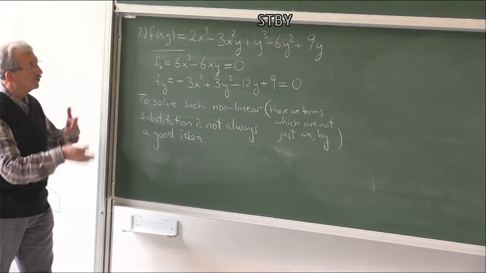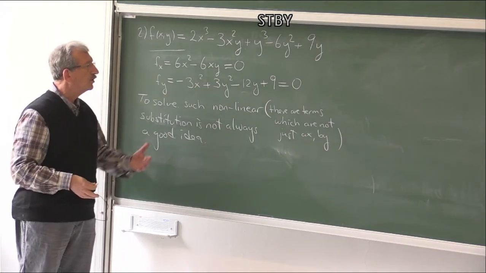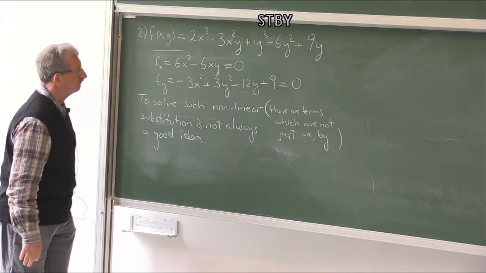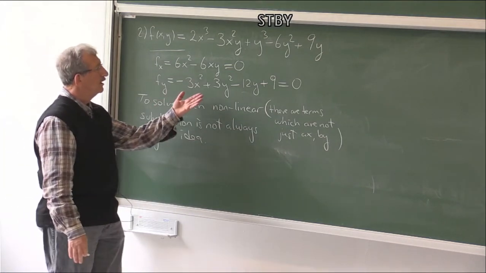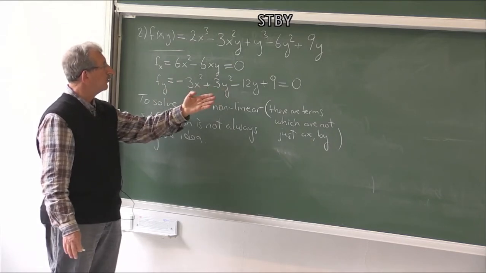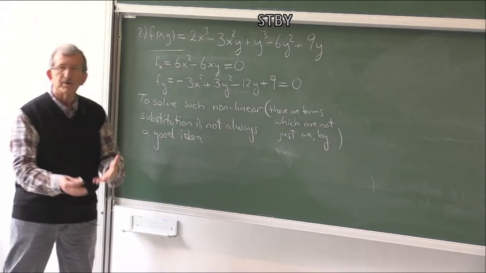Because if you substitute, solve for one and substitute, you will have a more complicated formulation. For example, if you solve here, say, for x, you will have a root and so on. When you put it in here, it will be bad looking.